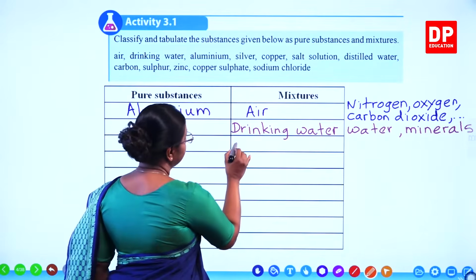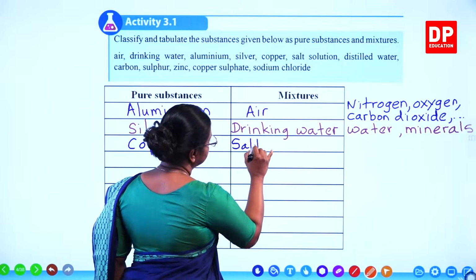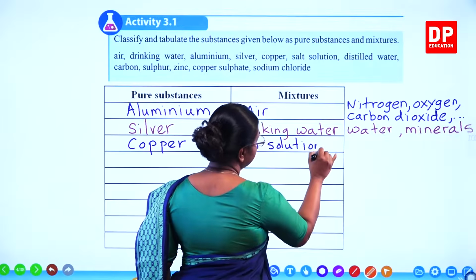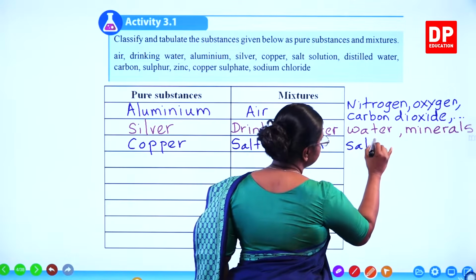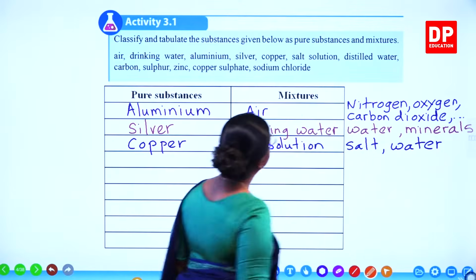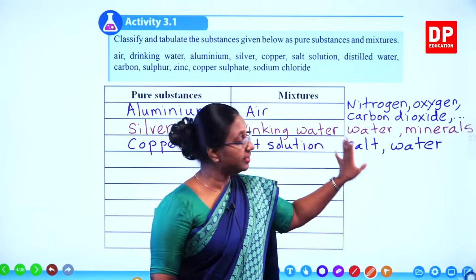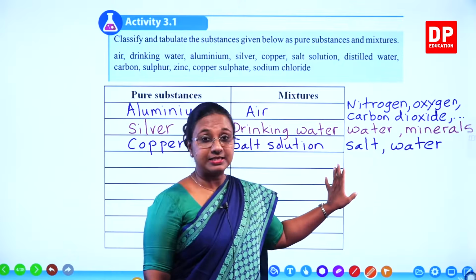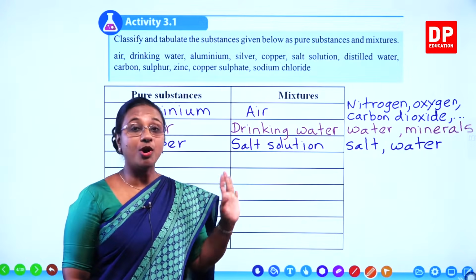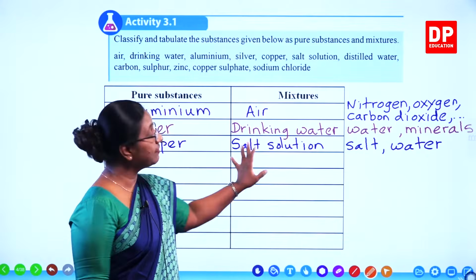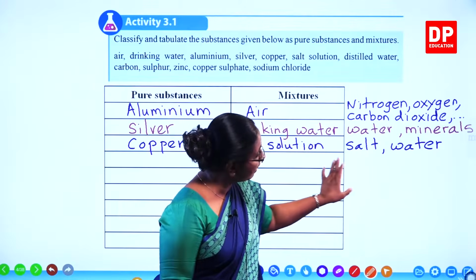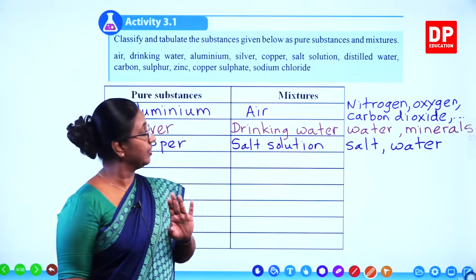So, salt solution, that is salt and water. Again, students, as I said, you don't have to really memorize these, but when you know what the components are, it's easy for you all to remember or classify them as pure substances and mixtures. And also, you're familiar with all these components.